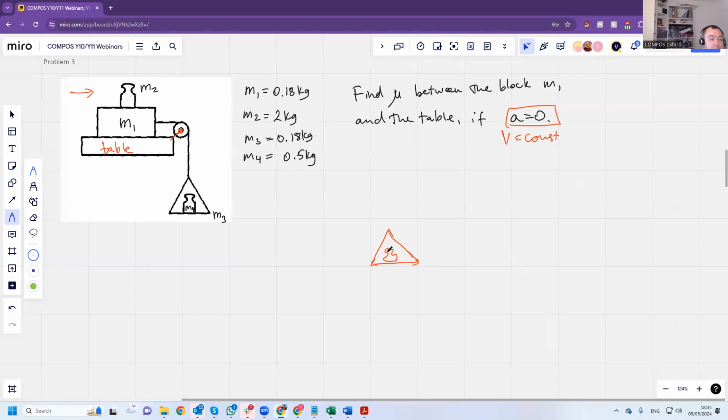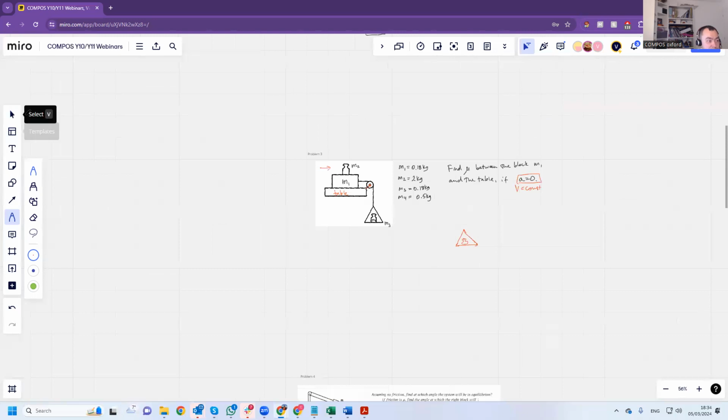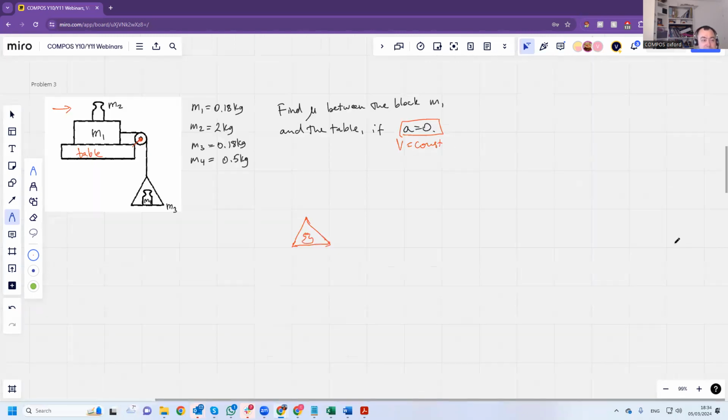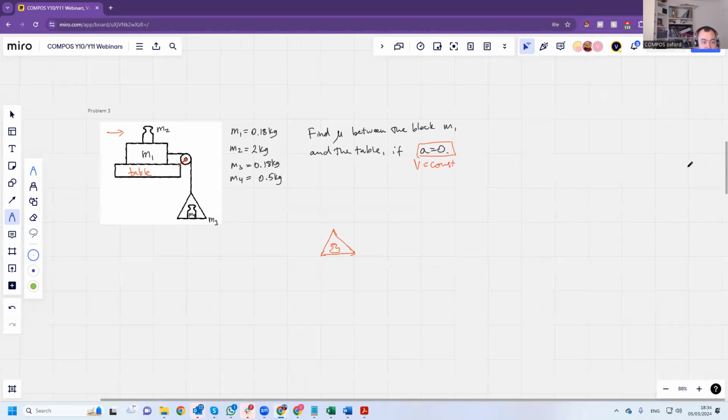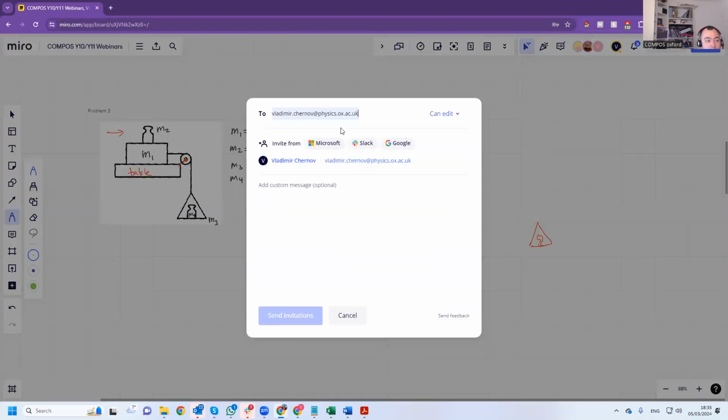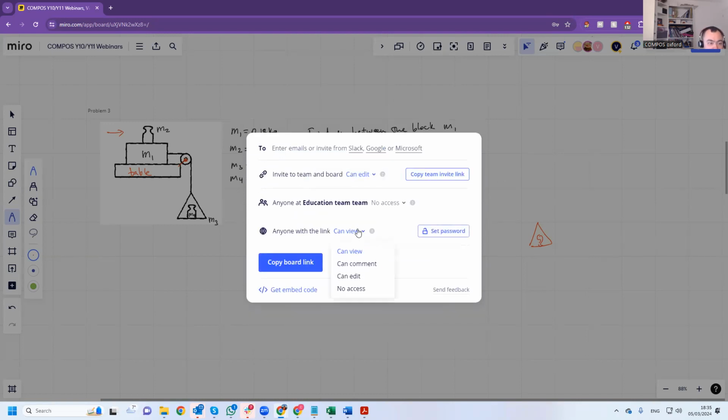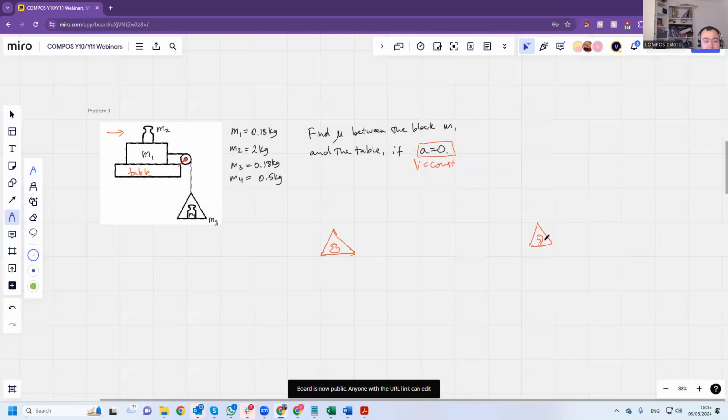Can everyone who has access to this make a copy here, for example, and draw a free body diagram? Okay, just somewhere here.